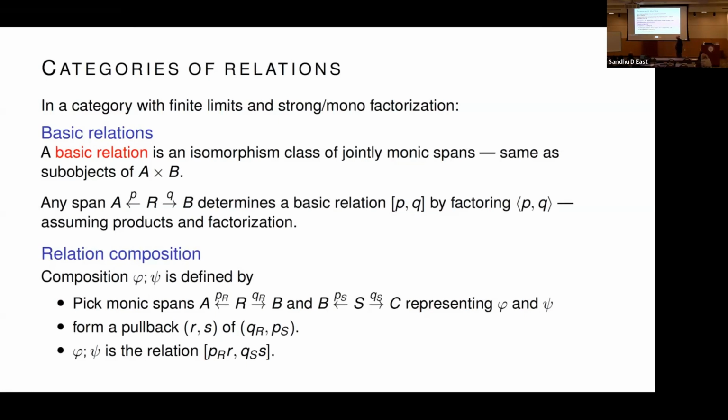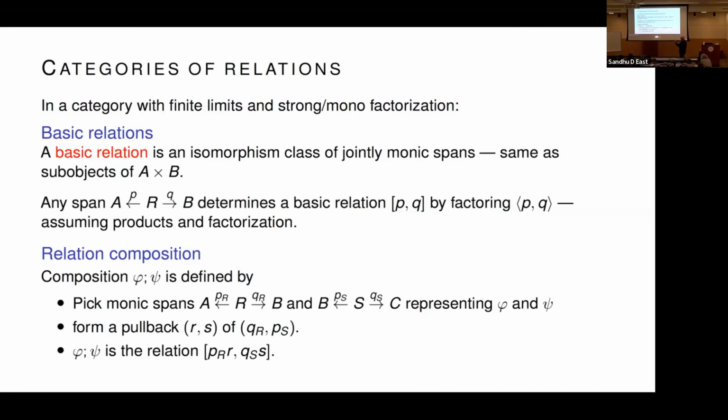So what is a relation in a regular category? It's going to be what you typically think of as a binary relation. It's an object in the category with two legs, right? And it should be jointly monomorphic, that's basically saying it's a subobject of the product.